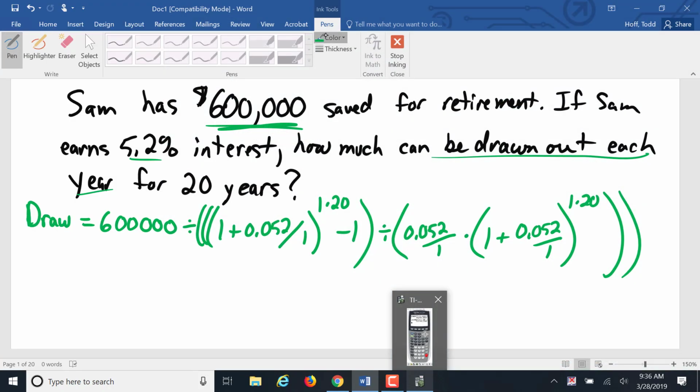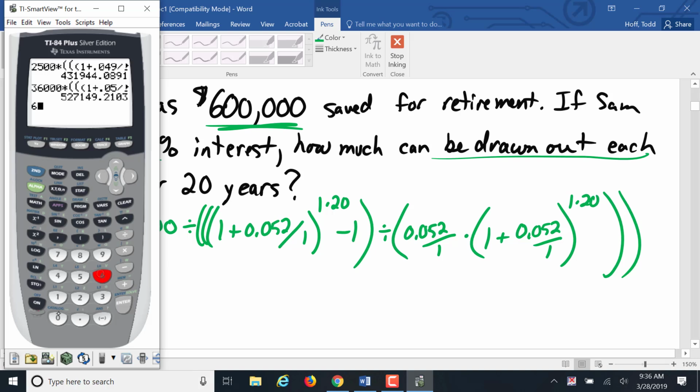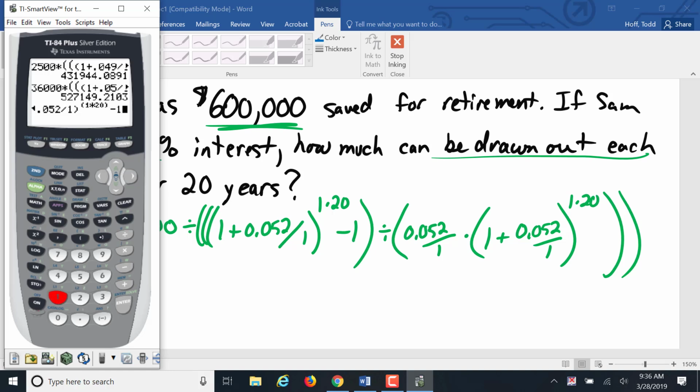Let's calculate this out. So 600,000 divided by 1, 2, 3, 1 plus 0.052 divided by 1, close, to the power of 1 times 20, close, arrow out of my exponent, minus 1, close, divided by, open parentheses, 0.052 divided by 1 times, open parentheses, 1 plus 0.052 divided by 1, close parentheses, to the power of 1 times 20, close, arrow out, close, and close.